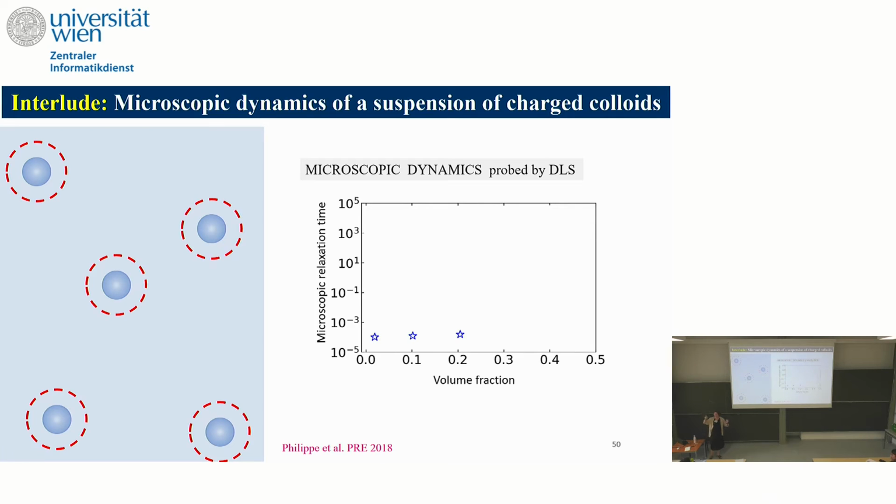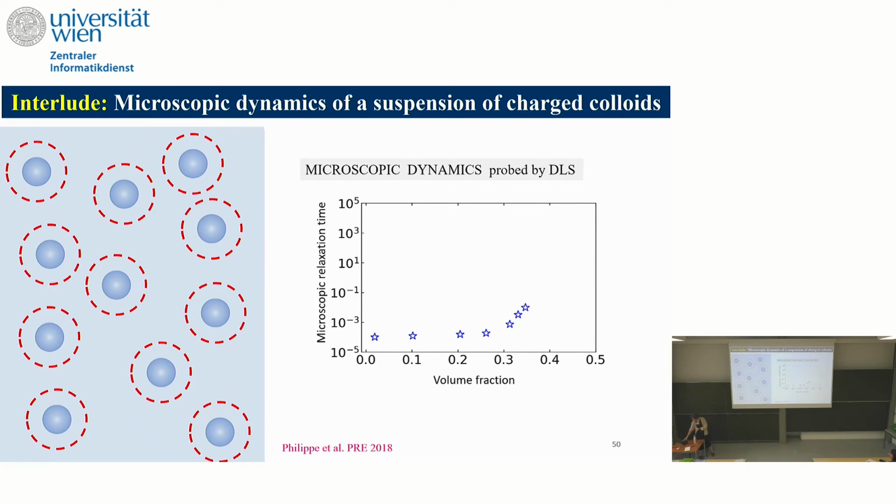They are isolated particles. But if you increase the concentration, then they start to feel each other, and you have some steric hindrance, and therefore they move less, so the relaxation time increases.